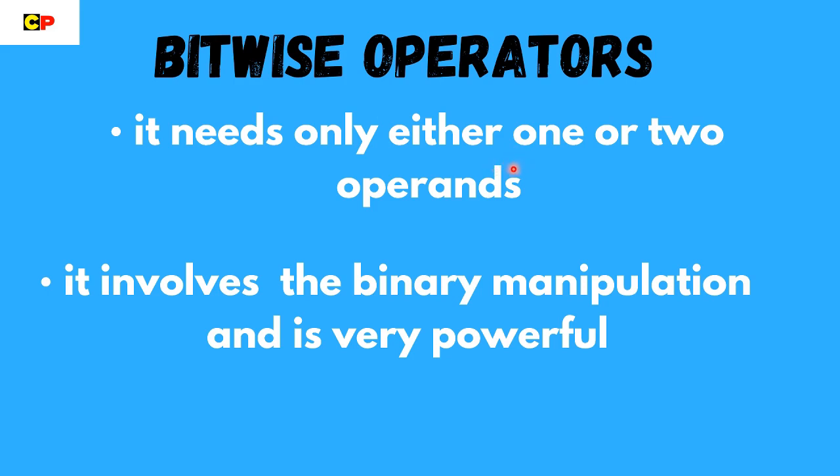For example, suppose you have A and B. Some bitwise operators are applied on two operands, that is on both A and B, and some bitwise operators like NOT need only one operand. That means if you want to apply it on A, then it will be applied only on A. So you have both types: the first type needs one operand, and the second type needs two operands.